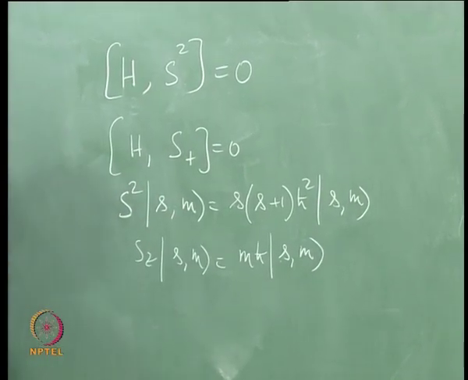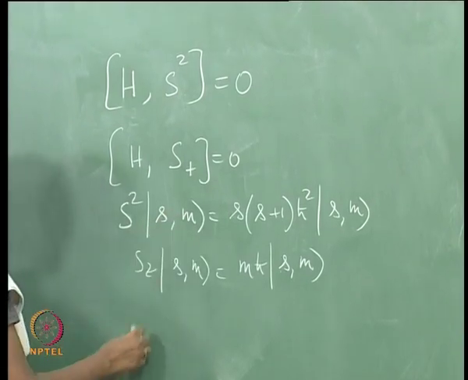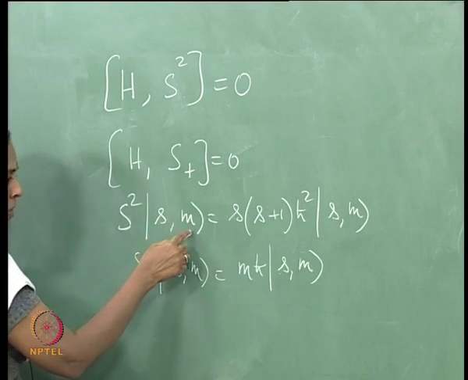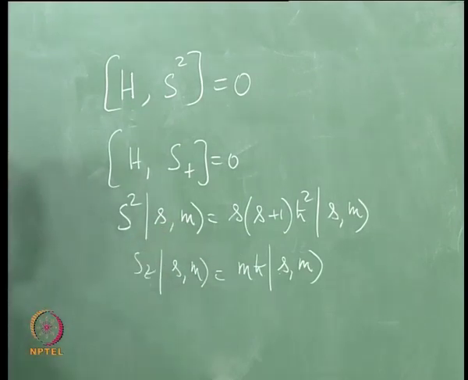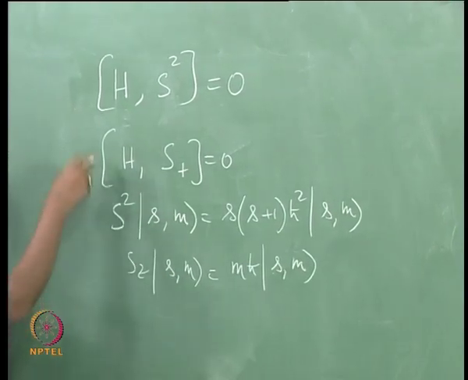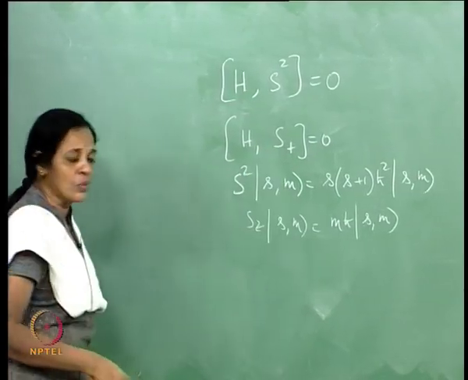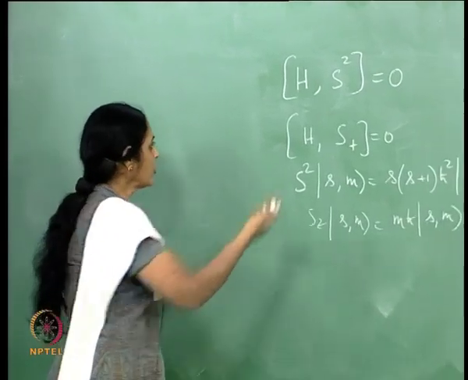I want to show that the object has the same mass whether it exists in the state s comma m or s comma m plus 1 or s comma m minus 1. It is independent of m, provided the Hamiltonian commutes with S plus. In other words, it commutes with Sx, Sy, and of course Sz.